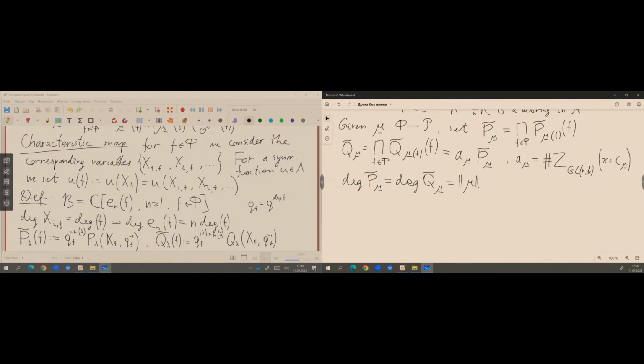Okay, now we introduce the Hermitian scalar product on B, just by the requirement that P and Q form dual bases.